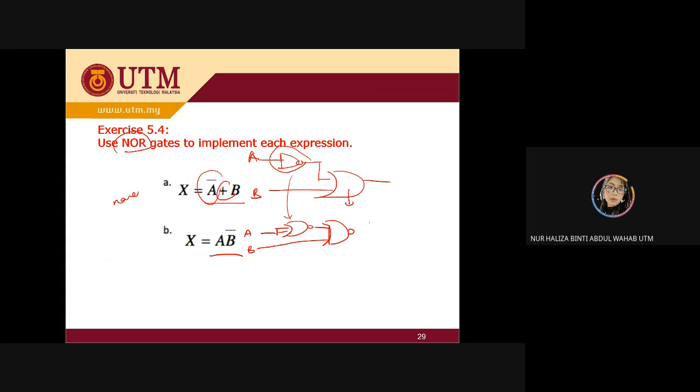It will look like this, which is NOR gate here and another OR gate. So you cannot simplify because this is a NOT gate function, this is a NOR gate function, this is a NOT gate function. So this is the final answer for this circuit.